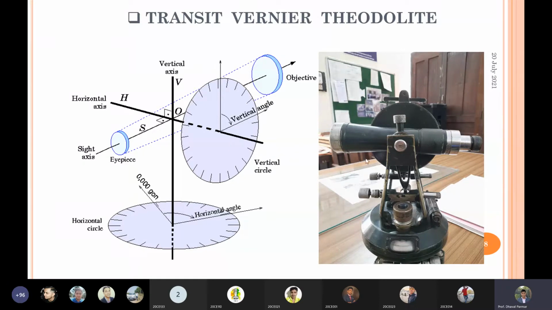After applying the rules, you are able to calculate the length, the distance, the angle, and the deflection angle also. So that is the application of a theodolite. Understood, everyone? Which one is the vertical plane and which one is the horizontal plane?